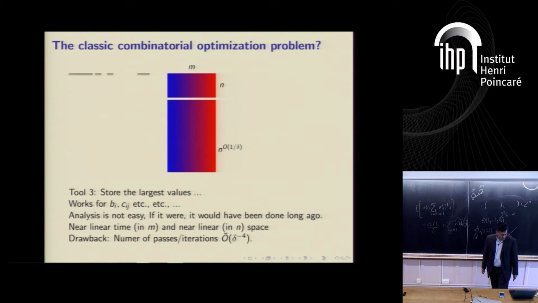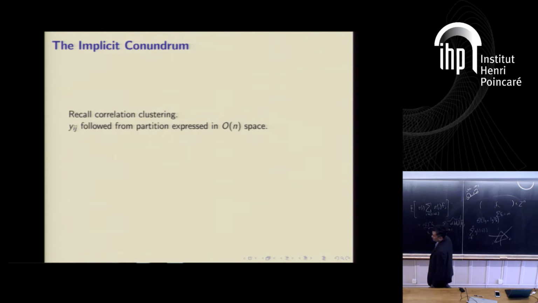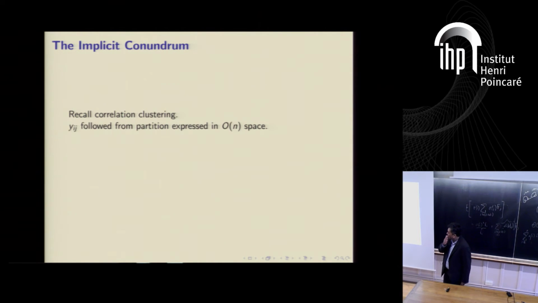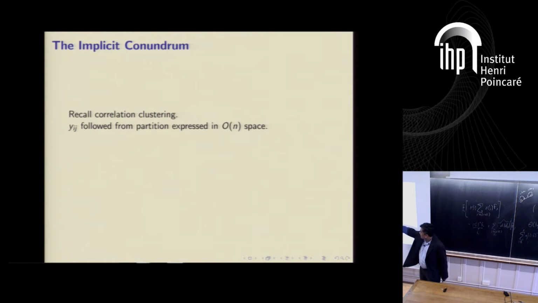Okay. Now, I want to go back slowly to the correlation clustering, and even if you have seen similar talks like this, the key insight here is that in correlation clustering, the Y_ij followed from a partition expressed in O(n) space.